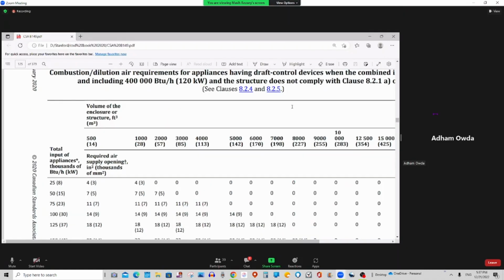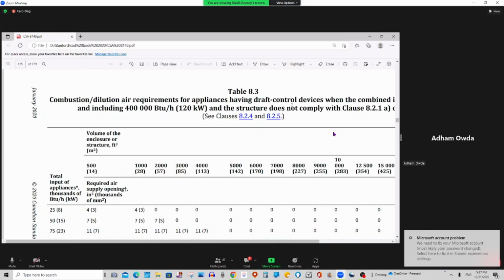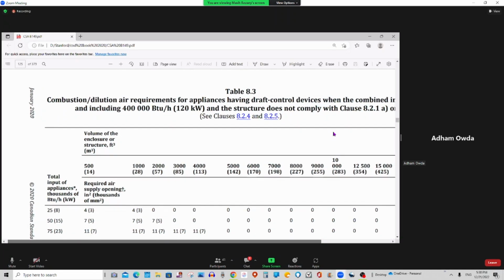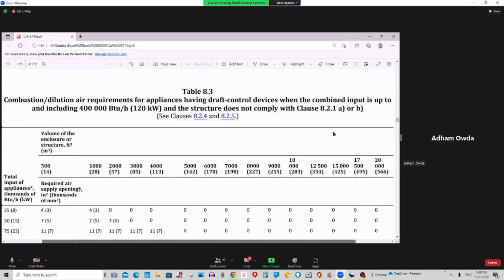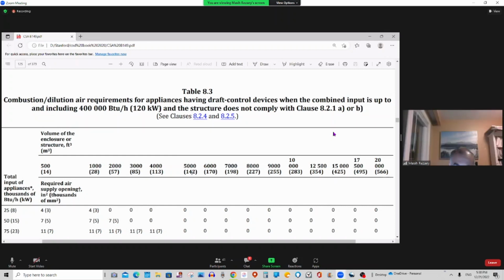Table 8.3. Combustion dilution air requirement for appliances having a draft control device when the combined input is up to and including 400,000 BTU, 120 kilowatt, and the structure does not comply with clause 8.2.1 A or B. Okay, so look, Mr. Adam.